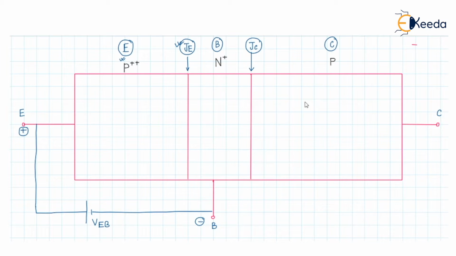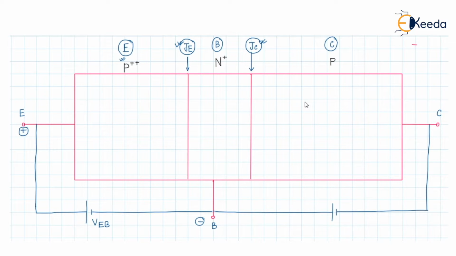Similarly, to make the JC junction reverse biased, we have to connect the collector to a negative potential, because the collector is P type, and the base to a positive potential, because the base is N type material.